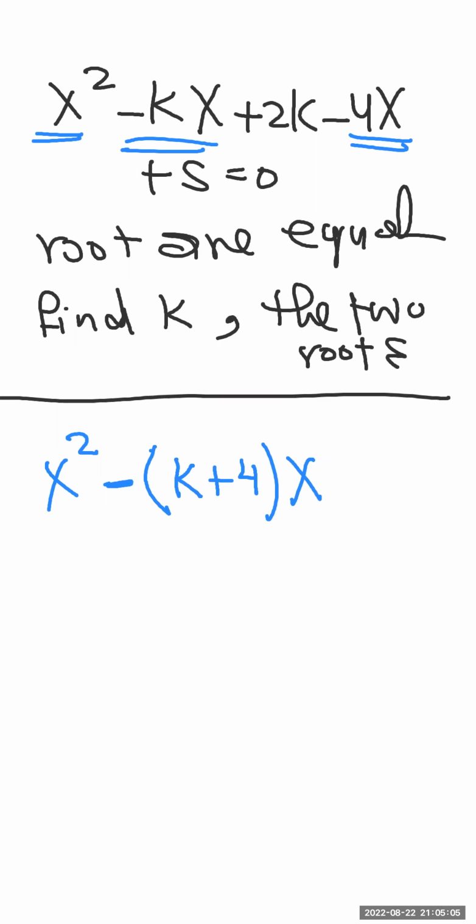Clear. So we have to group all the terms of x, the negative kx and the negative 4x, so that b, the coefficient of x, will be this one. It's not only negative k or only negative 4. No, it will be negative k plus 4.